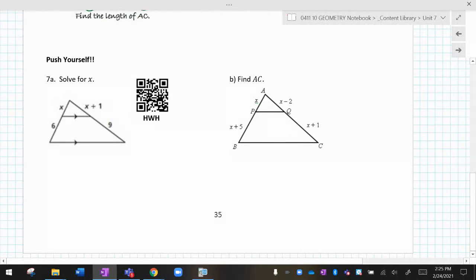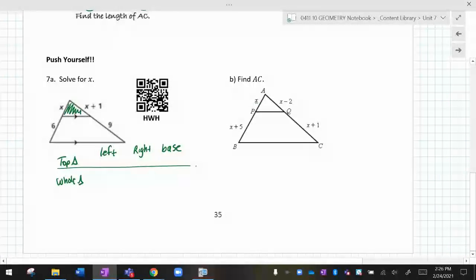So if we look at this, this is just like the ones up top, where I had left, right, bottom. So if I say I have my top triangle and my whole triangle, left, right, base, the left side of the top triangle is x.